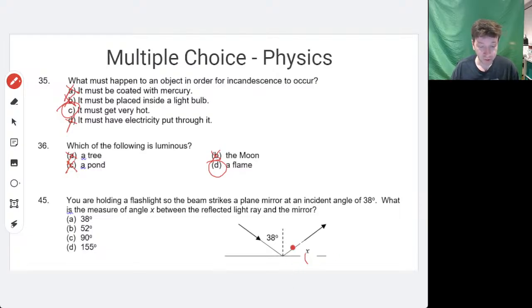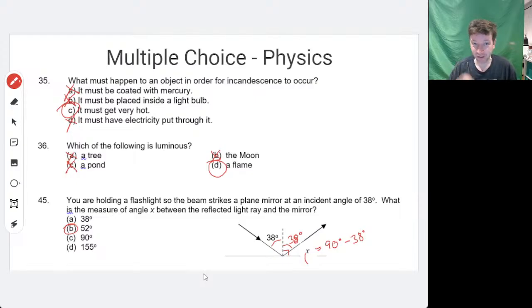Okay, so for reflection, the law of reflection, the angle of incidence, which is here, is equal to the angle of reflection, which is here. So 38. Okay, and the normal is always perpendicular to the surface. So x, therefore, would be 90 degrees minus 38. So our answer is 52.